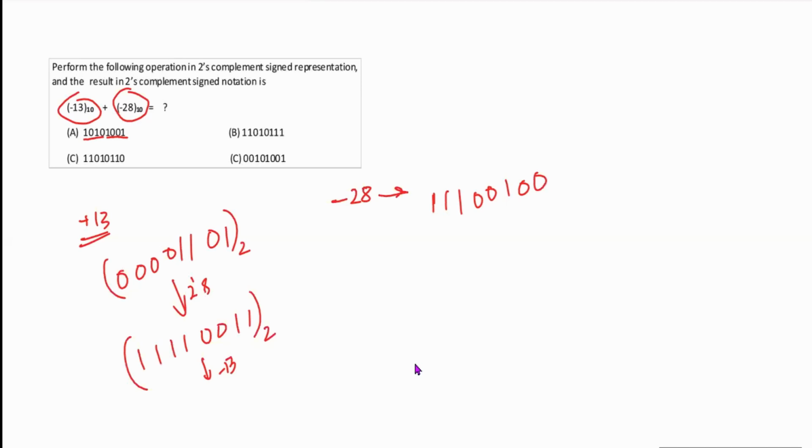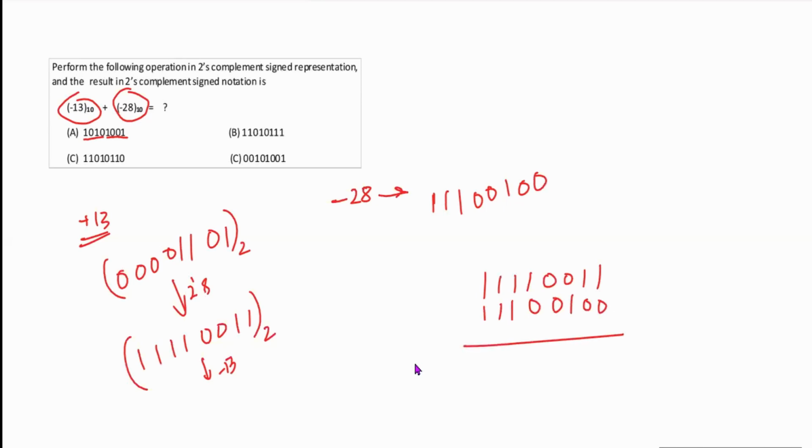I can take those two numbers, like this is my minus 13, and 0 0 1 0 0 1 1 1. This is my plus 13.